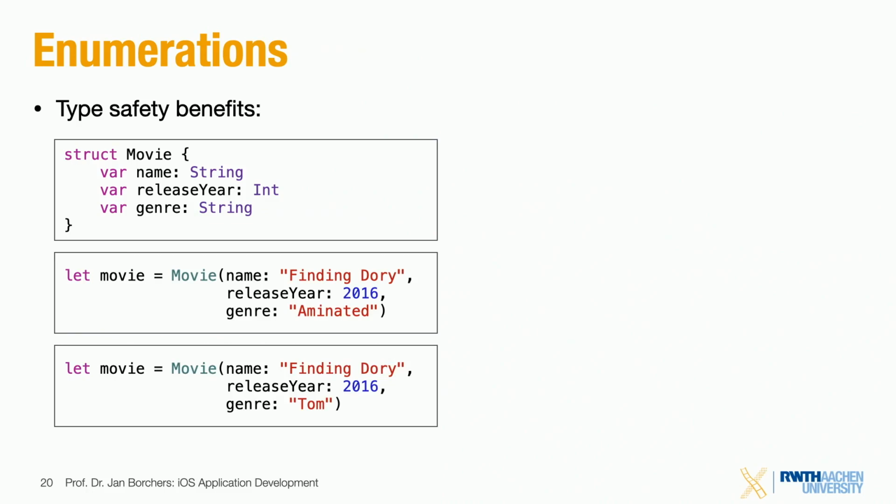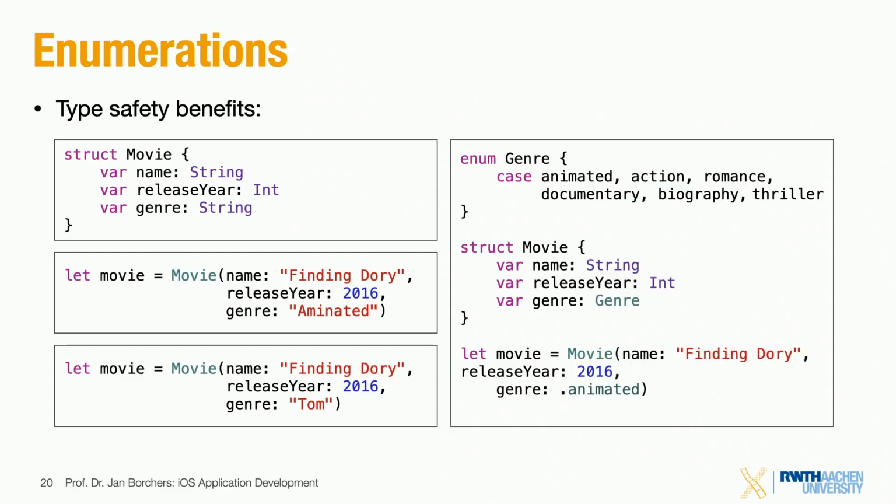So in this case, I can't really be sure that what I have inside of my genre string is something that I can actually work with. On the other hand, if I define an enumeration, name a genre, and have all these different cases for animated, action, biography, whatever, and use that as the type of the genre, then I can specify it is .animated, and I know it will only be one of those. So it's not possible that there's a genre that doesn't exist, for example.